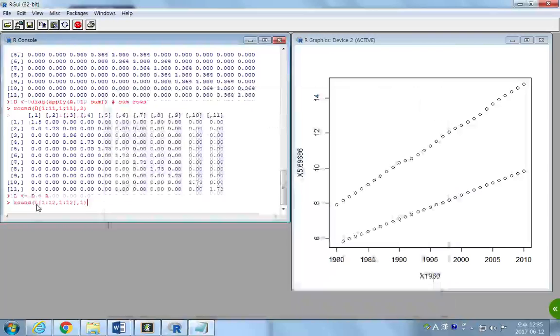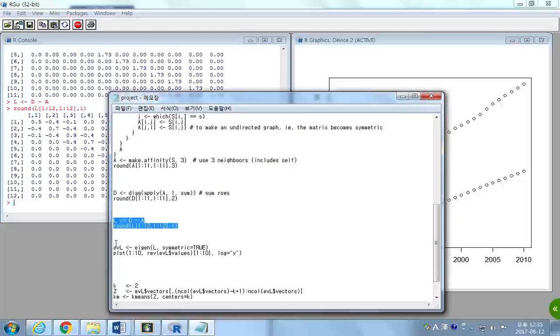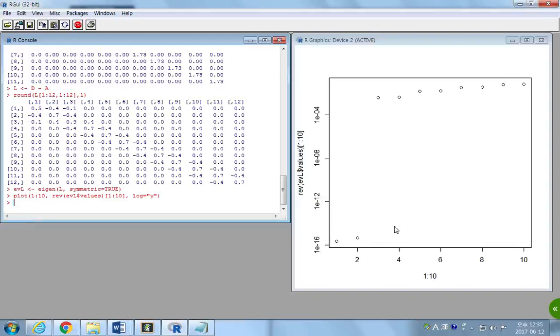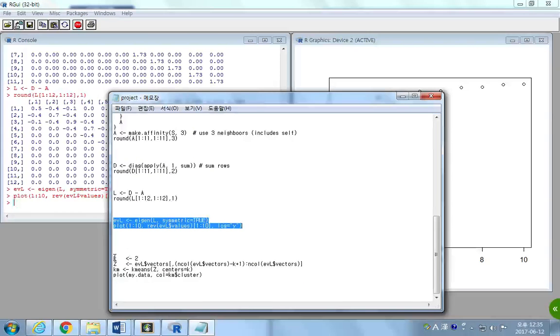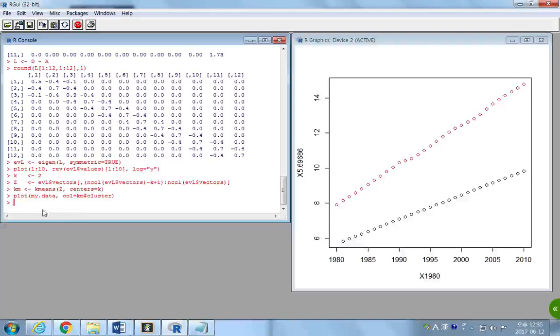The eigenvalues of the Laplacian matrix are like this, so we should choose K is 2. This works. This is the first part, this is the second part.